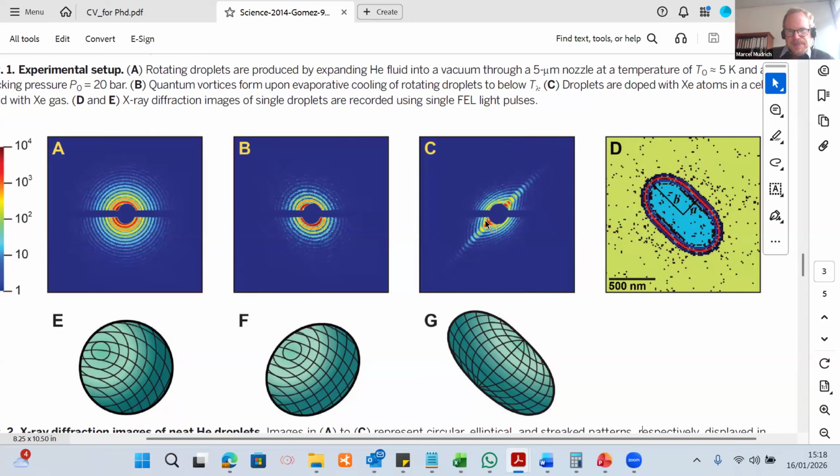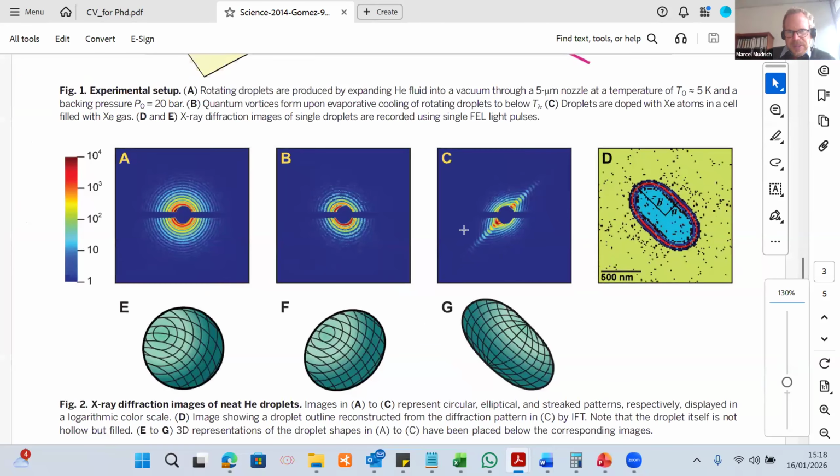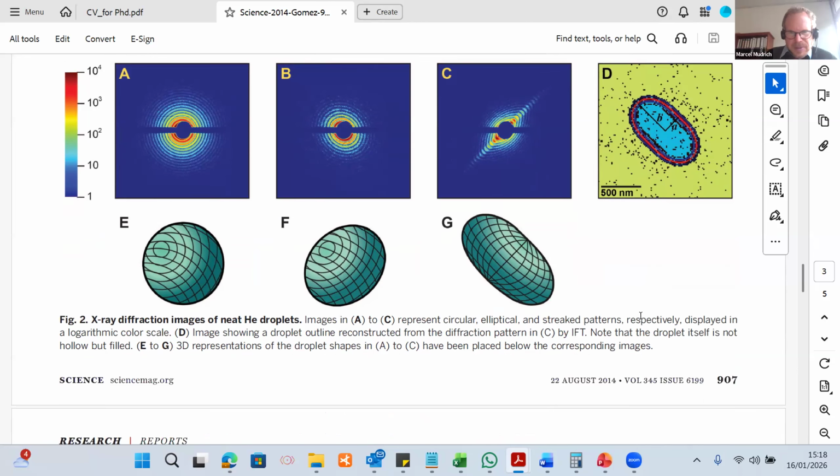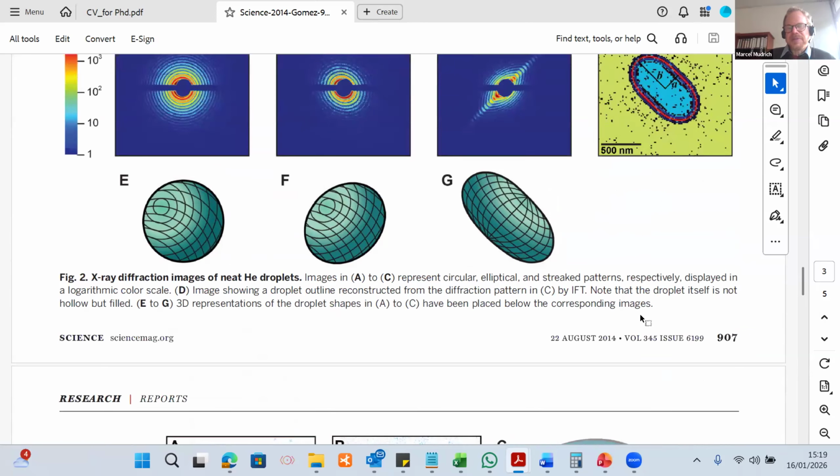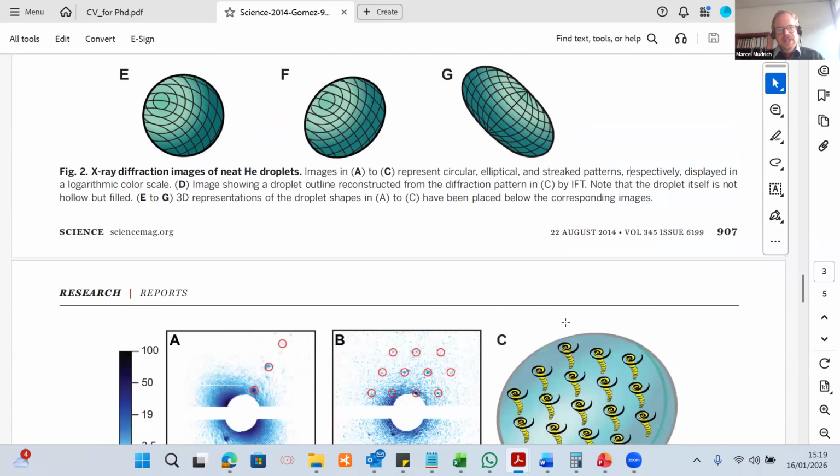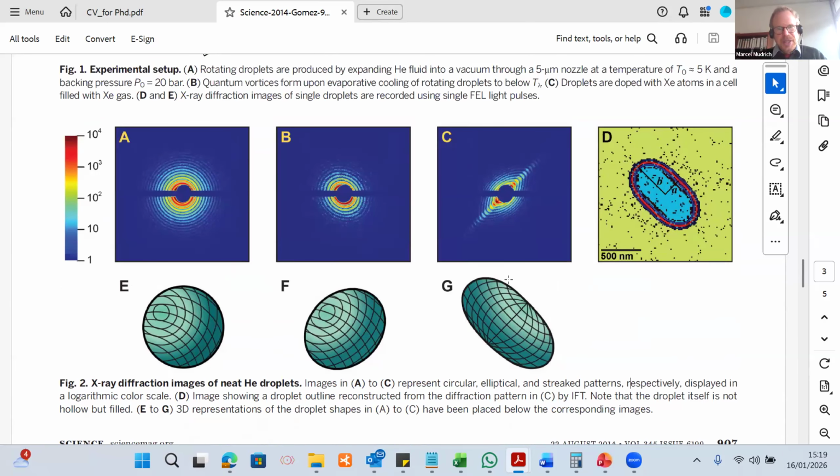So this was the first evidence of helium nanodroplets not being perfectly spherical, but coming in different types of shapes, prolate, or rather oblate. There are distributions of different mostly oblate shapes, but they can also be pill shapes for large helium droplets.